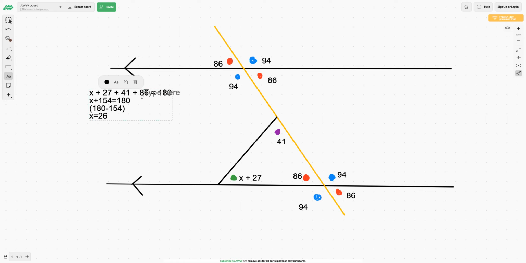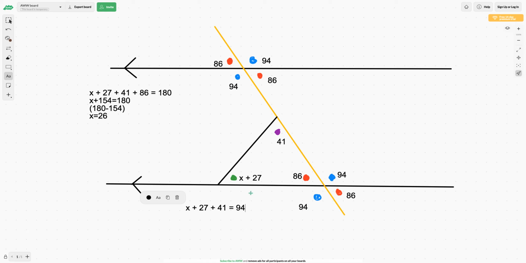And we're going to check our answer again with triangle exterior angle theorem. Basically it goes like this. This 41 right here, because it's not the angle that's adjacent to this exterior angle over here, it's the two across from it. So basically x plus 27 plus 41 is equal to 94. We're going to combine the like terms just like we did here.